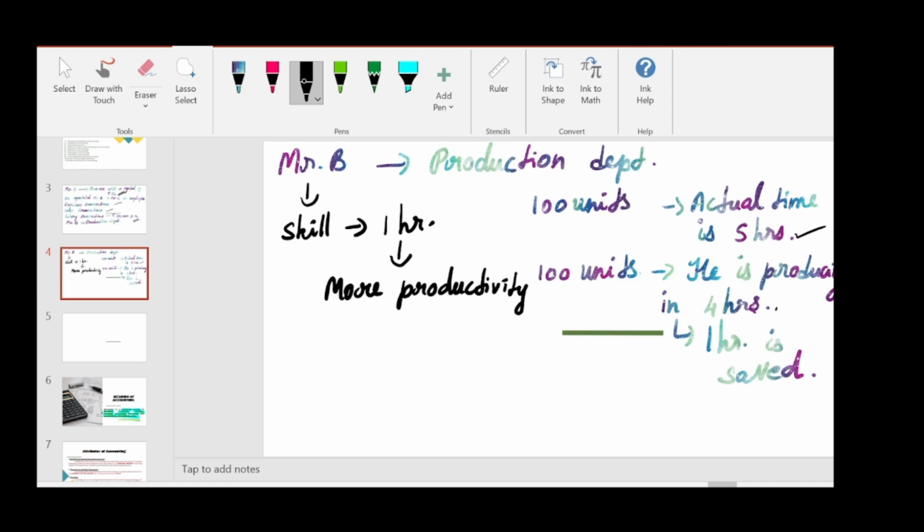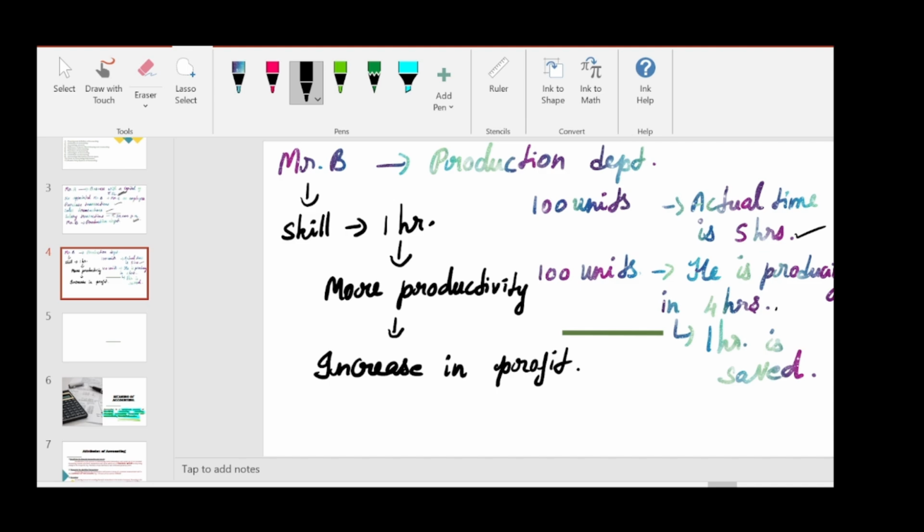If there is more productivity, what will happen? There will be an increase in profit. For example, in a day, if a normal person produces, let's say, 2,000 units, but Mr. B produces 2,500 units, then there is an increment of 500 units. With his skill, he is producing 500 units more.